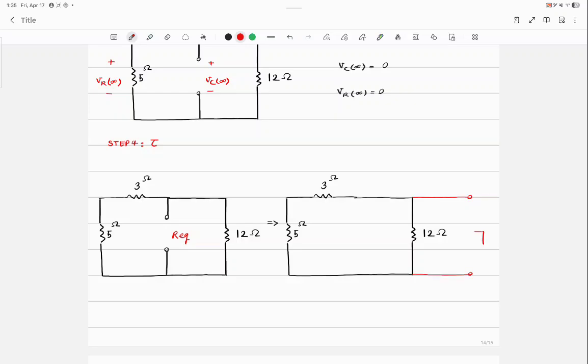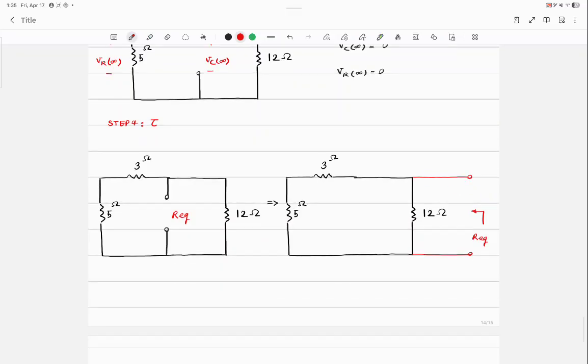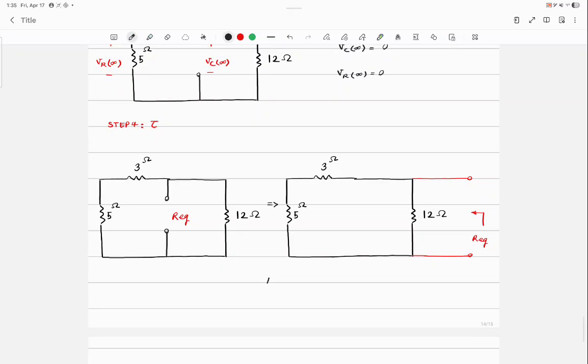I want you to see that this is the same. And then you can see that Req is equal to 5 ohms plus 3 ohms in parallel with 12 ohms, which is 4.8 ohms.